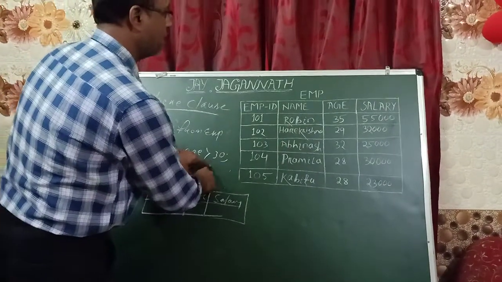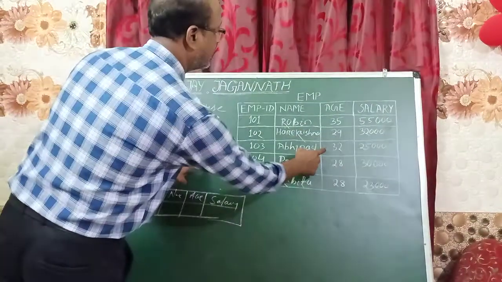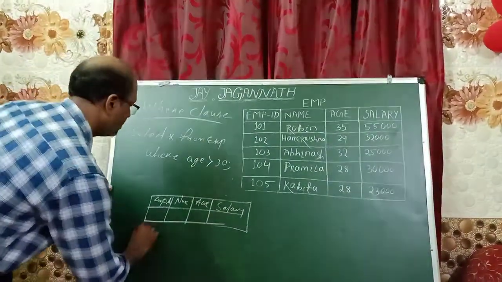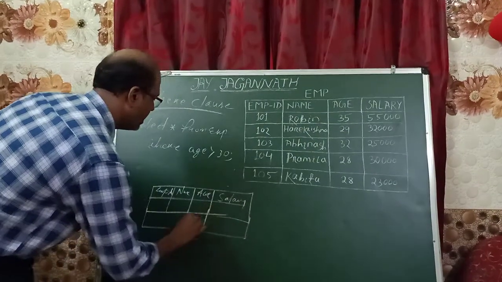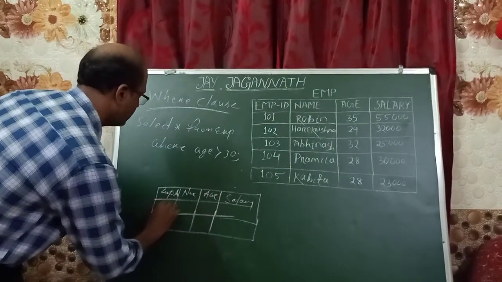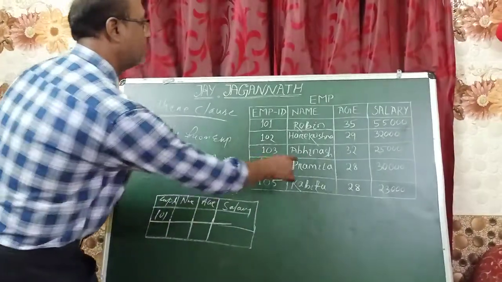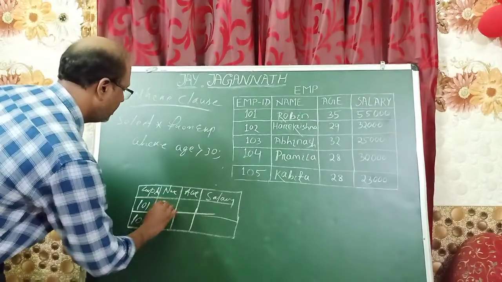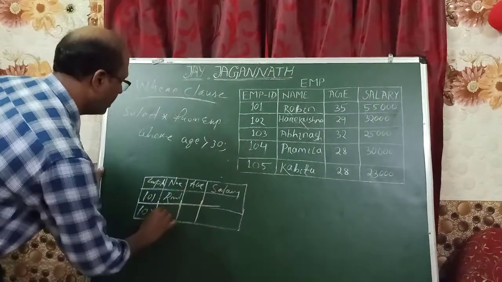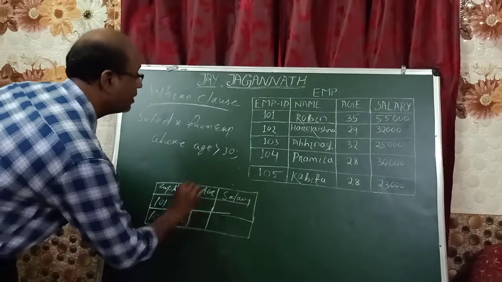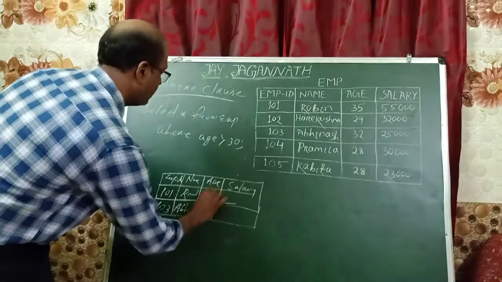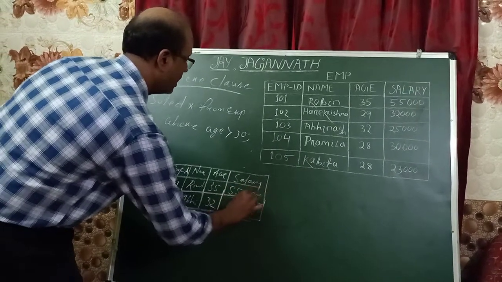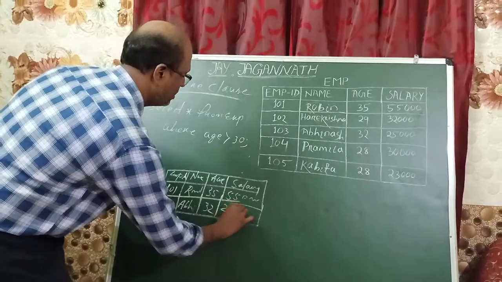Age greater than 30, which ones? The 35 and 32. These two rows only will be fetched from the table. That's 101 and 103. Names are Rabi and Abhijit, and ages are 35 and 32. Salary accordingly 55,000 and 25,000.